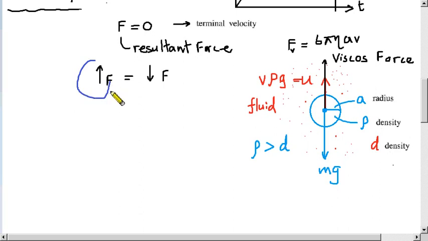The forces acting upwards are these two, the viscous force and the upthrust. So we can write, therefore, viscous force is 6 π η a v_t plus the upthrust, V ρ g. Here v_t is the terminal velocity, not volume, and V is the volume under water.